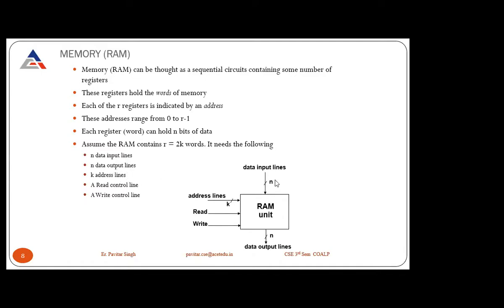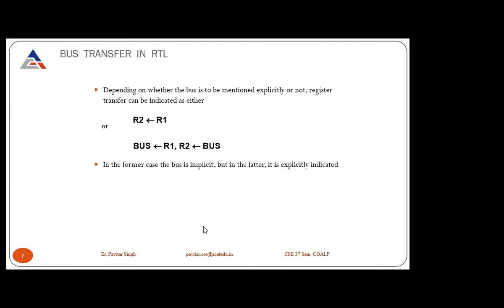If n input data lines are there, there has to be some data output lines. Then address lines. So here we have used k address lines. And a read signal is there and a write signal is there.